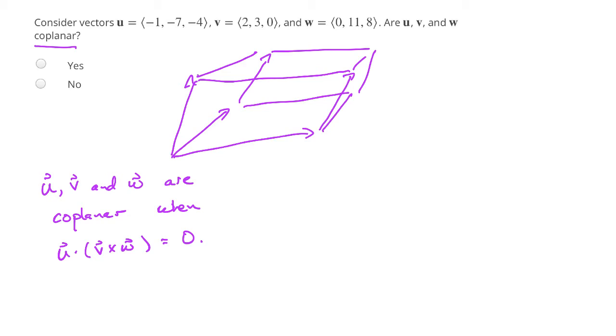And so that's what we have to do in this particular case. We compute the scalar triple product to see if we get a value of 0.